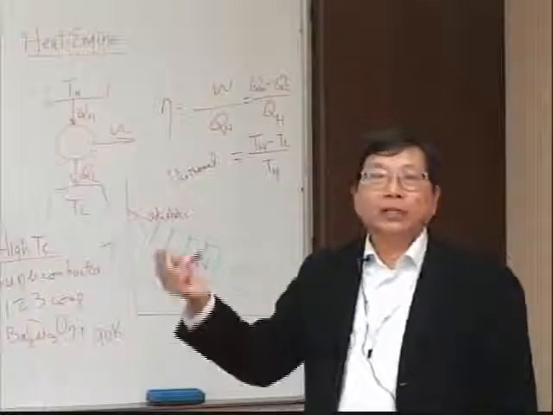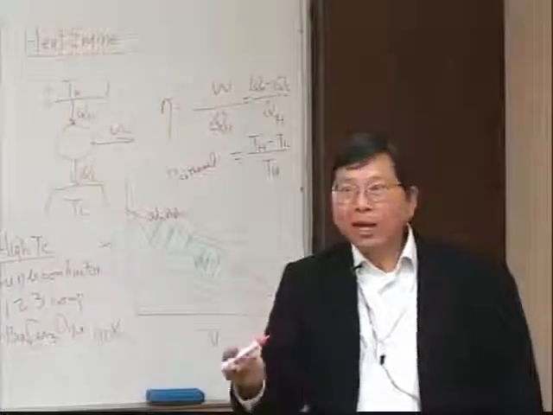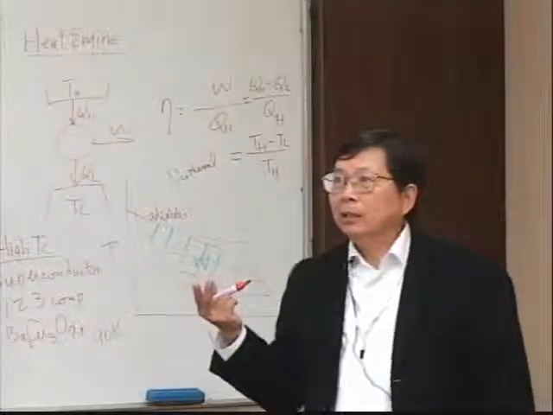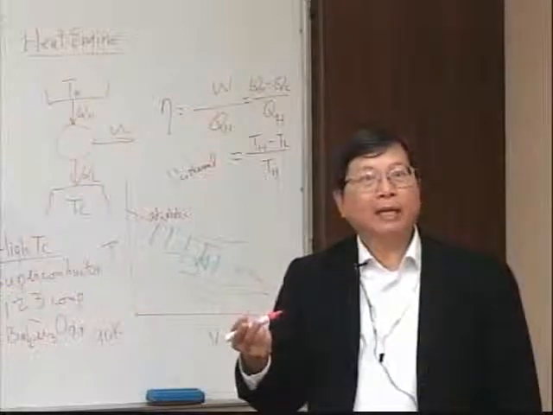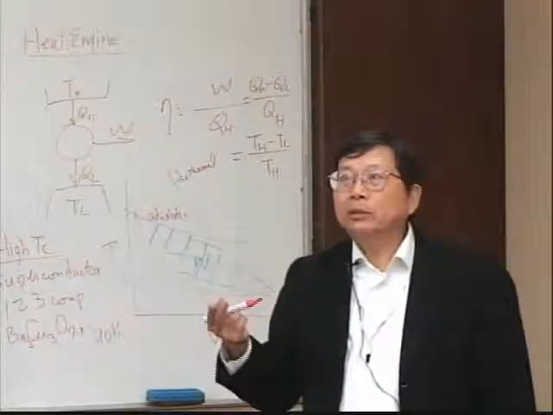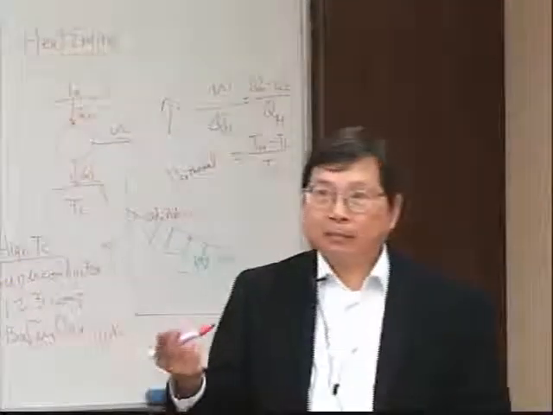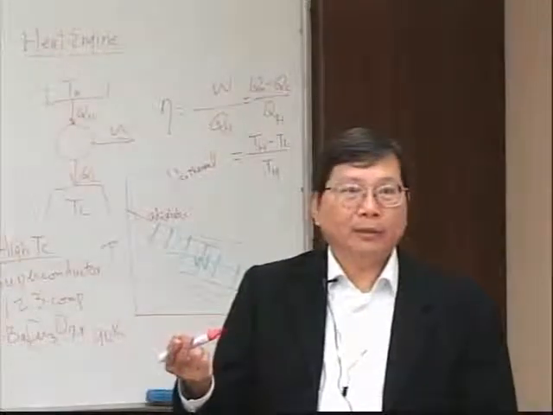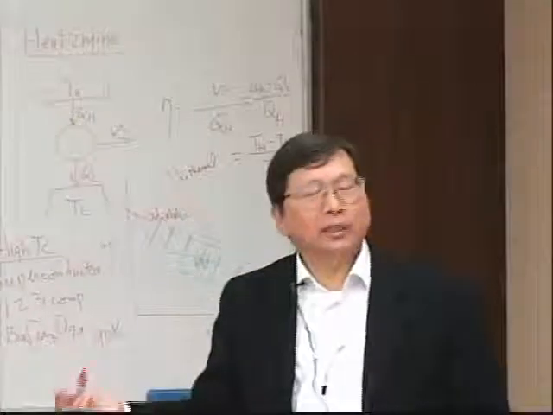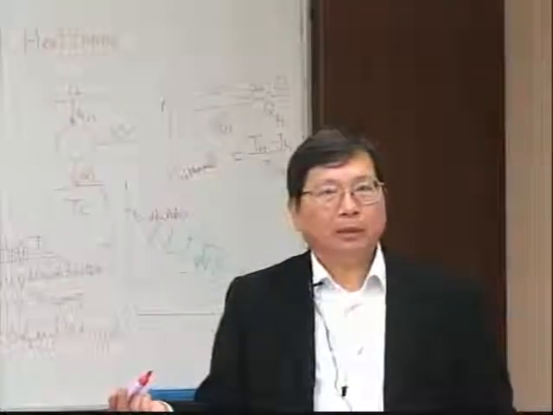So in the old time, when you tried to find superconducting behavior for metal, usually you had to cool it down to 10 Kelvin. And 10 Kelvin is very difficult to get.